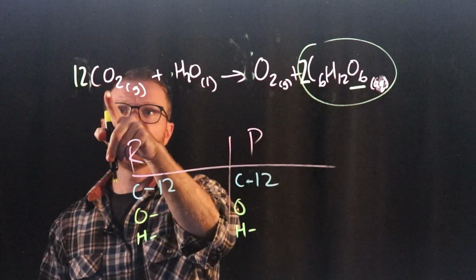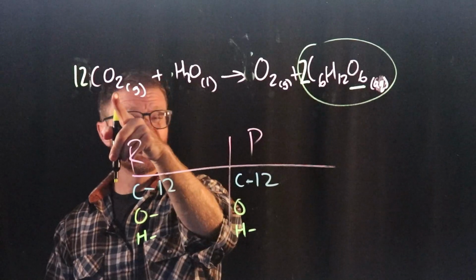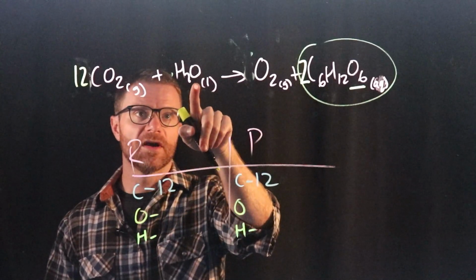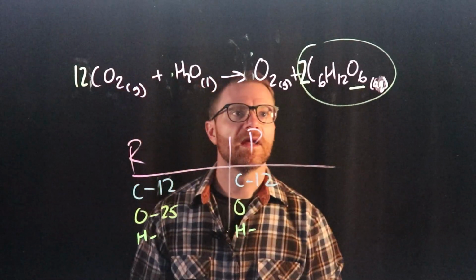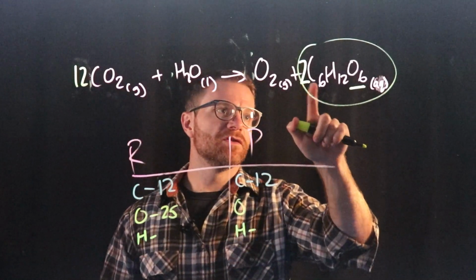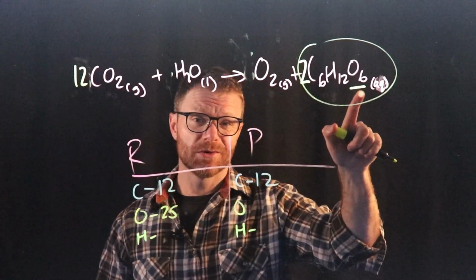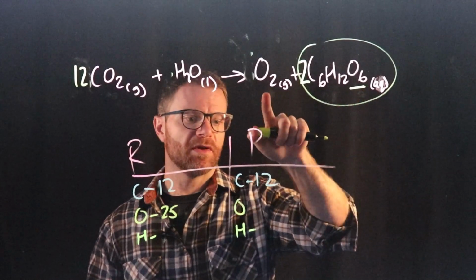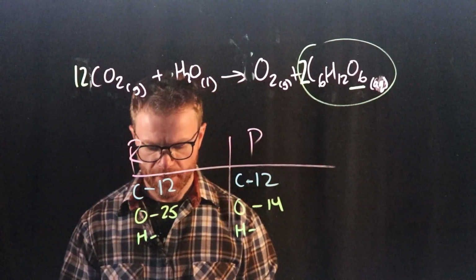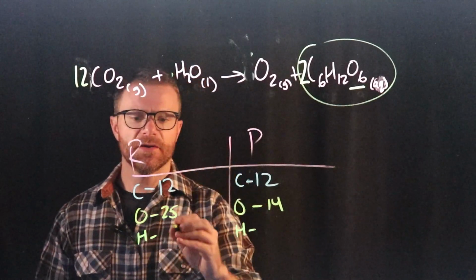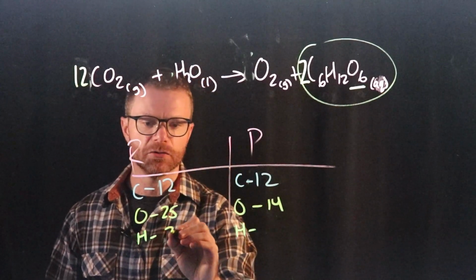Oxygens, I have 12 here, times 2, which is a total of 24, plus 1 for a total of 25. Oof, that's a big number. And then here I have 2 times 6, which is 12, plus 2, a total of 14. And then hydrogens, here in my reactants, I only have 2.